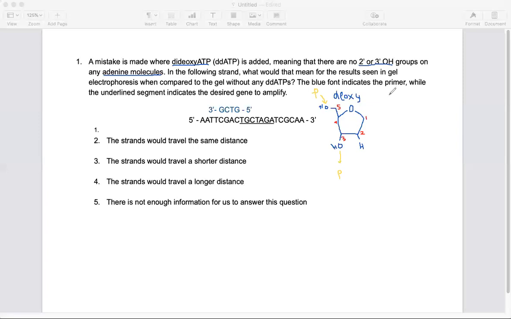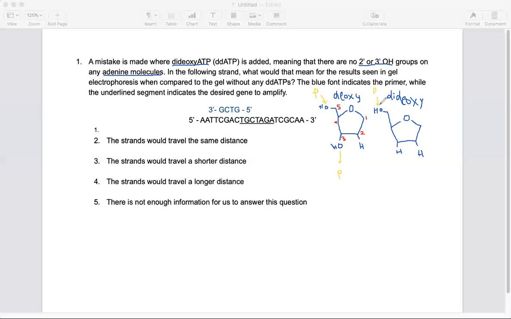We have dideoxy. Don't mind my handwriting, it's with a mouse. Dideoxy means we don't have any of the 2' or 3' OHs, so we pretty much don't have anything to build off of. We can still make our phosphate groups, which can definitely still add to carbon 5.